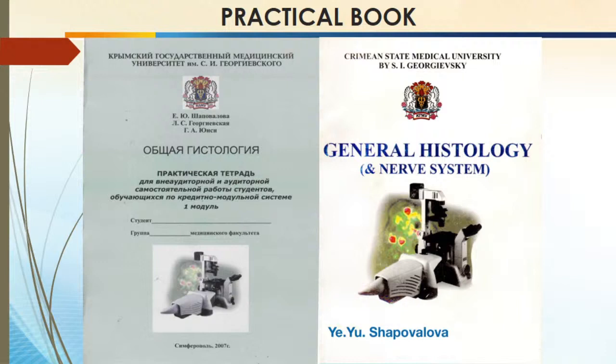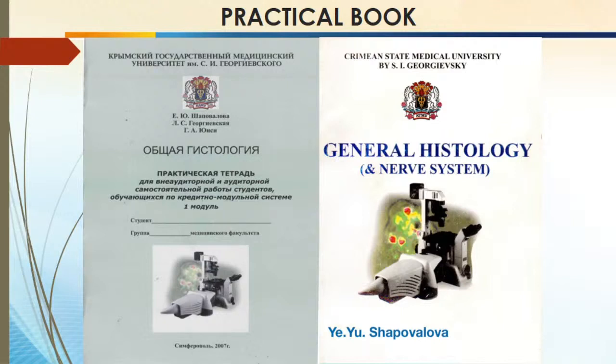Okay, next, these are special books and the practical book which are presented for students to study. For example, the main book of our department is General Histology and Nerve System. The author is Elena Yurina Shapovalova. We also see here the practical book for everyday homework.